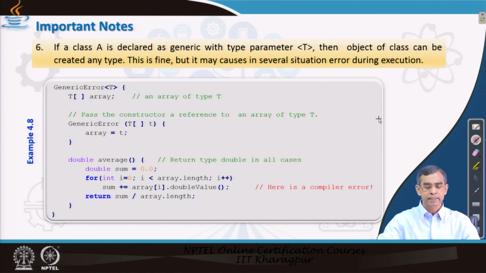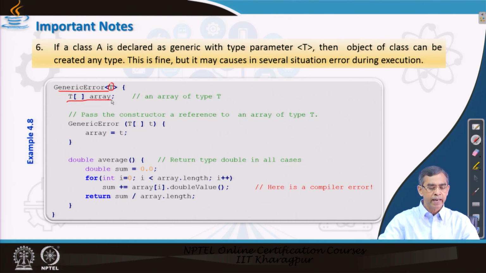This is an example, you can look at it. We declare a generic class, the name of the class is GenericError, with type T specified here. According to our understanding, this T can be of any type, it can be Integer, String, Double, Student or anything.